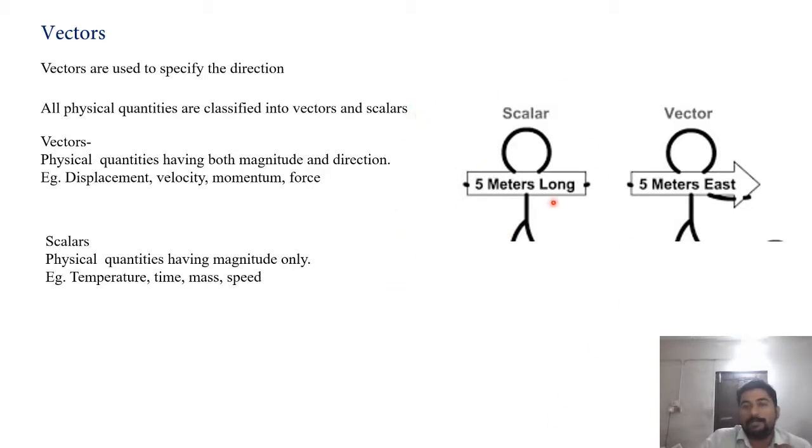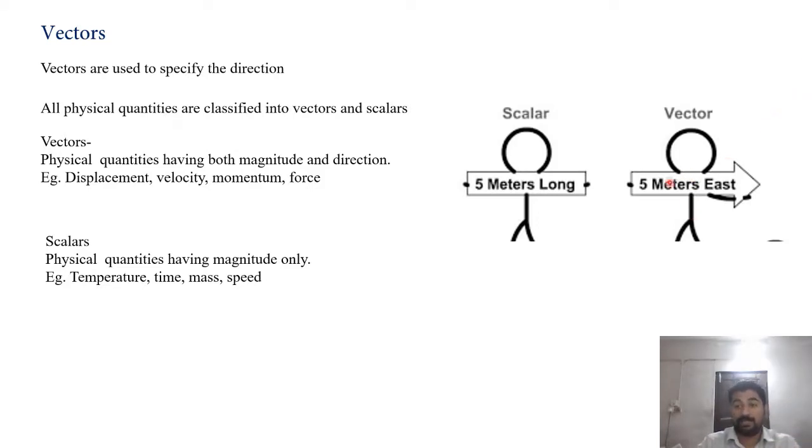A scalar is, for example, when you put a meter scale of length L, 5 meters. This is called a scalar. What is important is that it does not have a direction; we will not specify which direction. But in the case of a vector, you have to specify which direction the scale is pointed.